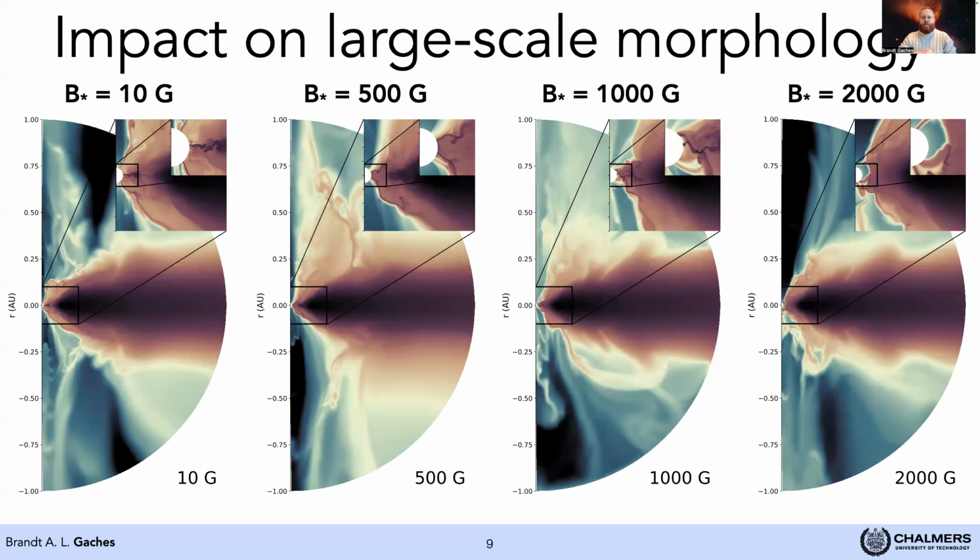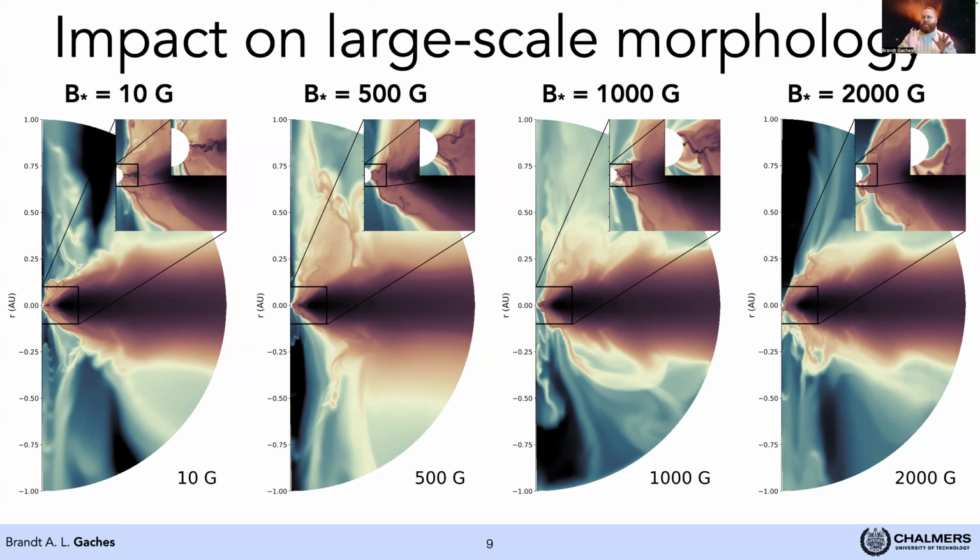So very initially, before we talk about the accretion, I just wanted to show the very large scale morphology. We run 4 different simulations from this paper, going from 10 Gauss up to 2000 Gauss of the protostar field. These plots show both the large scale, and you see 3 zoom-ins going into the very inner region, where the first box is about 0.1 AU, and the very inner box is about 0.02 AU.